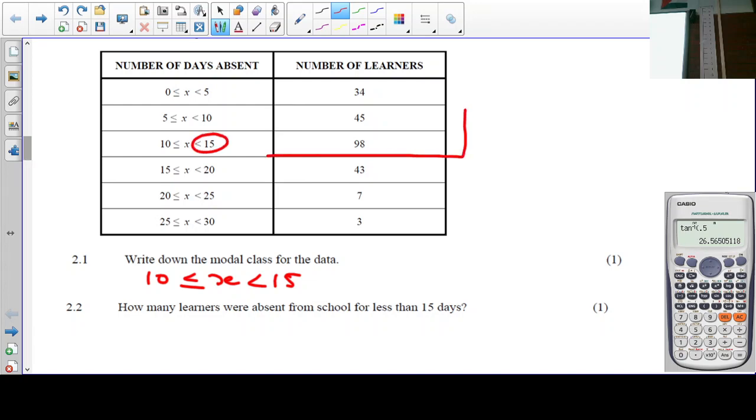So we're going in that direction. Okay? So the learners that were absent for less than 15 days is going to be 34 plus 45 plus 98. So that gives us 177 learners. Okay?